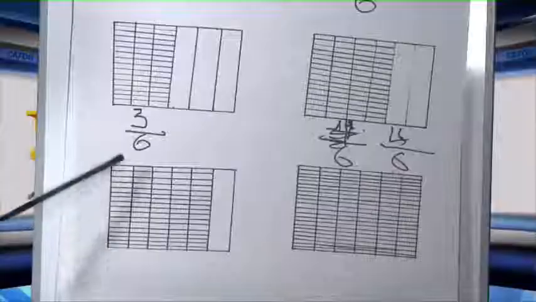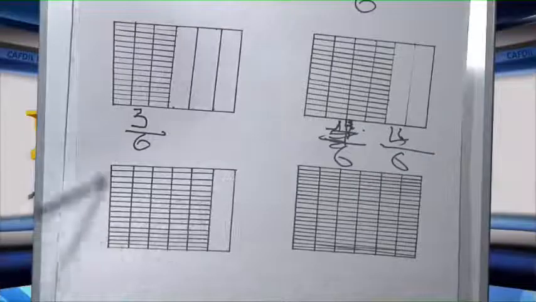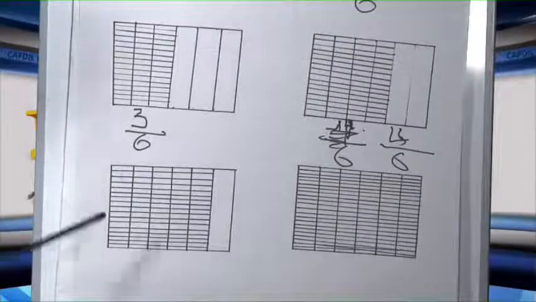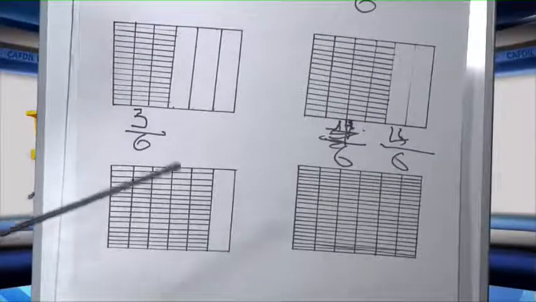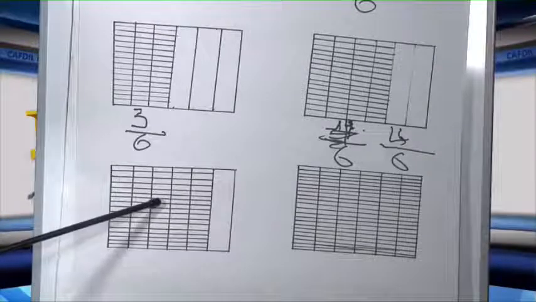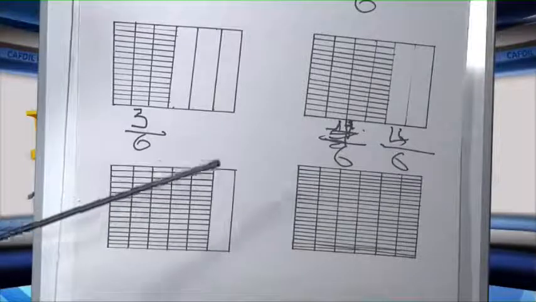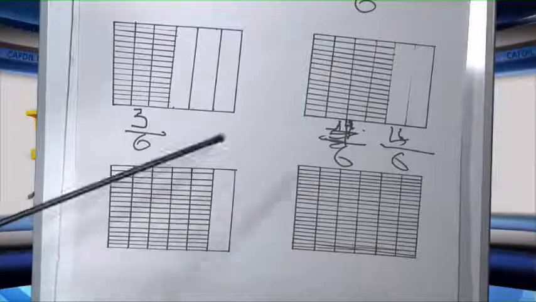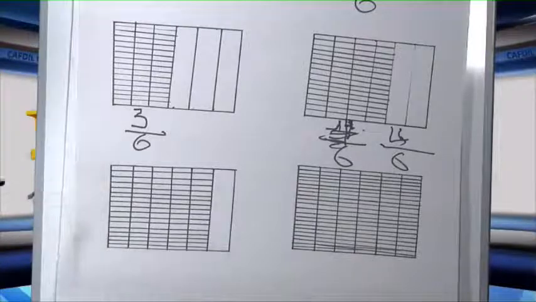How many parts do we have in this rectangle? Let us count. 1, 2, 3, 4, 5, 6.